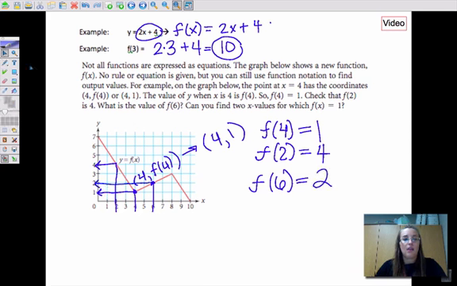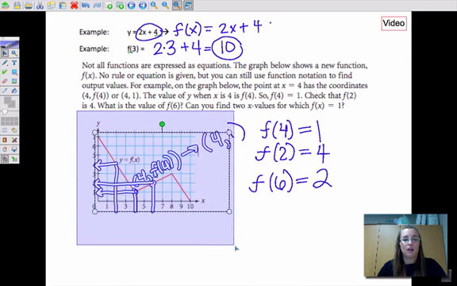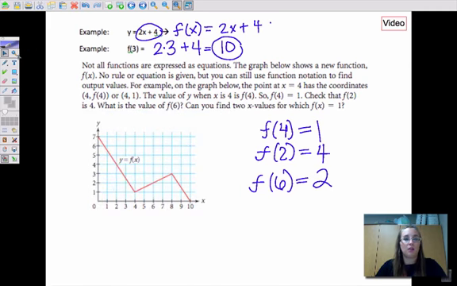All right? And then the last thing that it might ask you to do is to go backwards. So it says, can you find two x values for which f of x equals 1? So if f of x equals 1, that means that the output is 1. So I want to look along my graph and find spots where the output is 1. Okay?